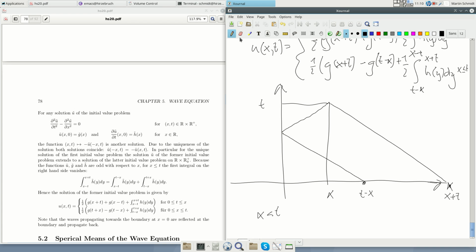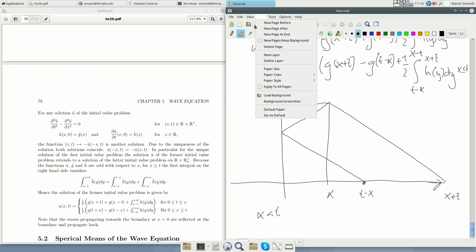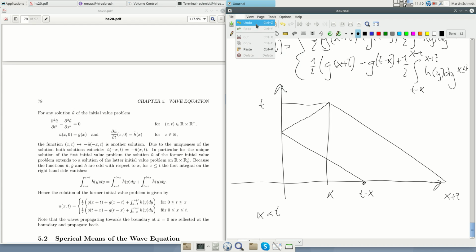Here maybe I erase this coordinate, and then we have x plus t and t minus x. Okay, and if now x becomes larger, then this eventually doesn't hit the boundary.